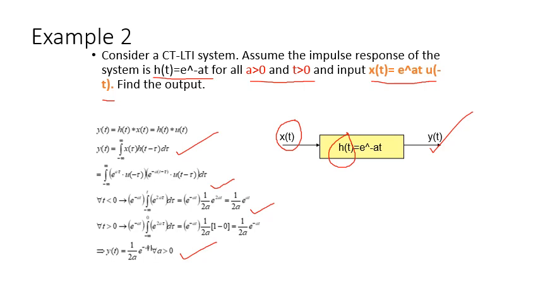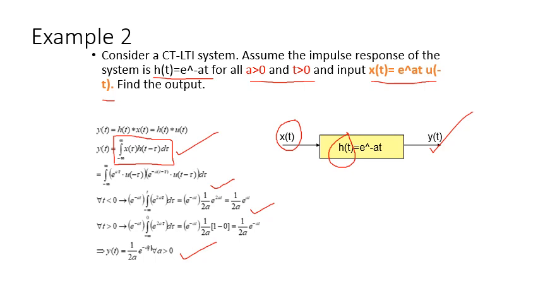One thing I want you to note down here is that while solving these questions, you might have found that solving this particular integral is a tedious task. Right now we are taking examples which are not too tough in calculations, like an exponential signal and a unit step signal.